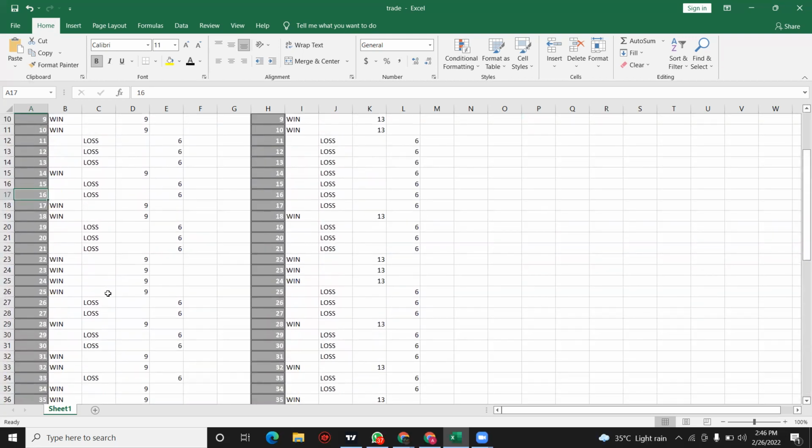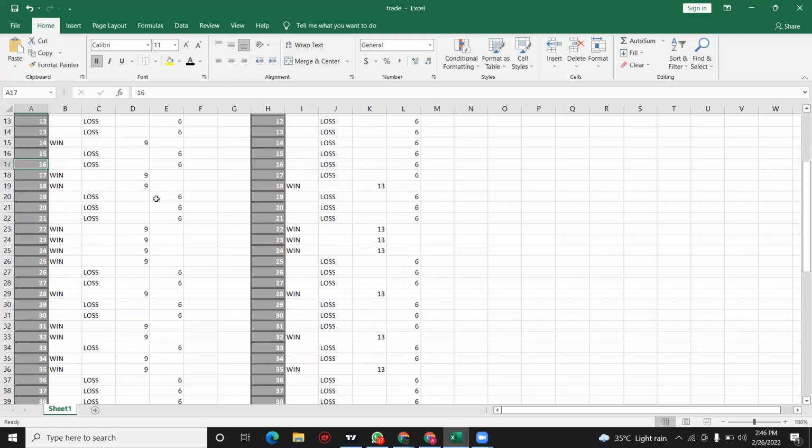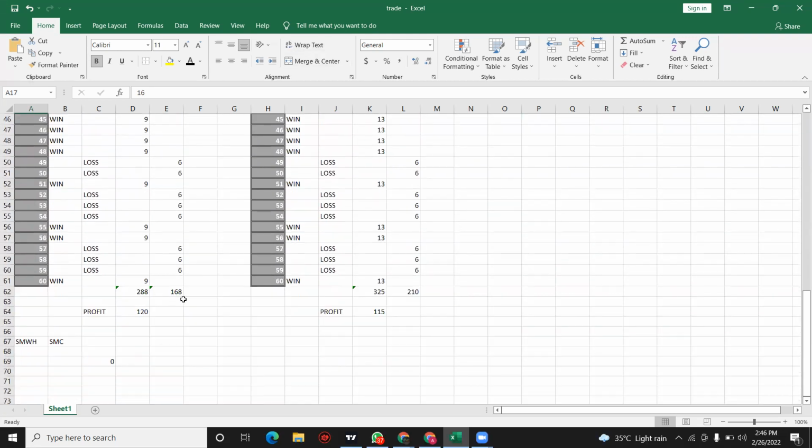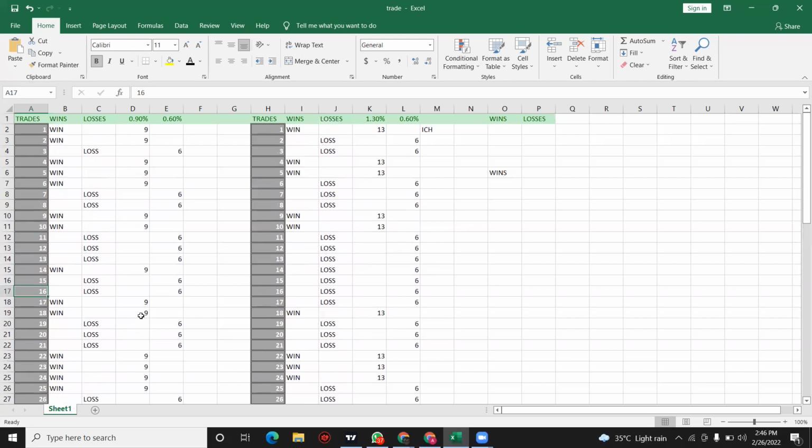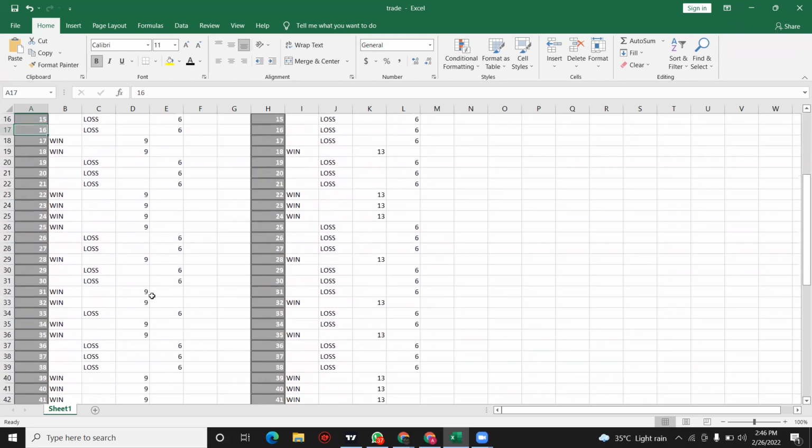So at the end of the day, the total losses was $168 and the total profit was $288. So if you subtract the loss from the profit, we have $120 profit. That's very okay because we are risking 6%. That's perfectly okay.